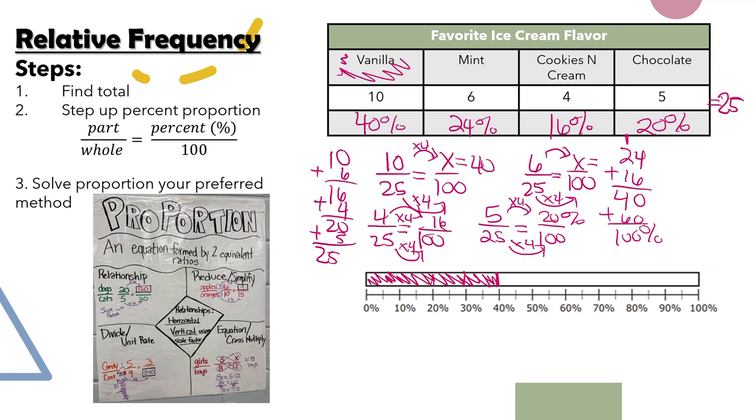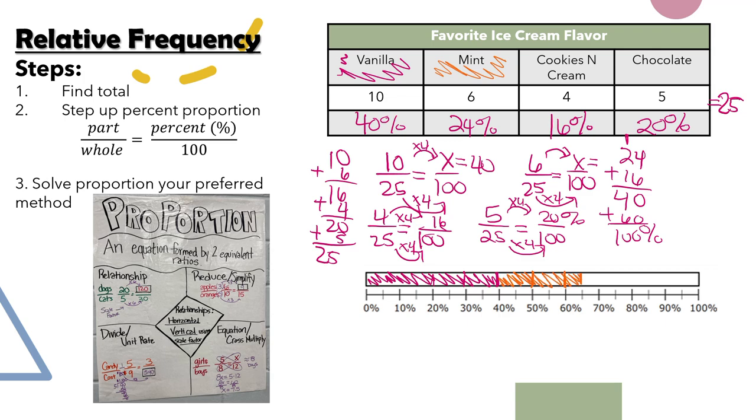Let me pick another color. Let's say orange is going to be my mint. In this case, we know we need to shade in 24. 10, 20, and then this will be 25, so we'll go a little bit behind that 25.